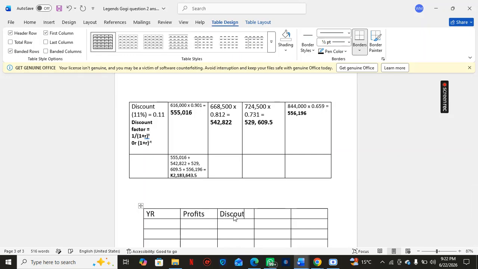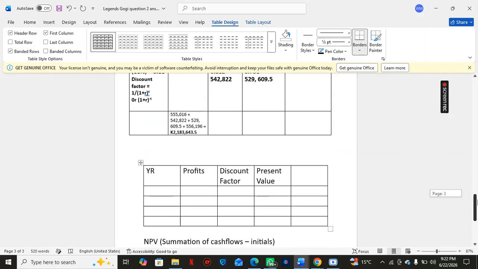Discount factor and then present value. Year 0, year 1, year 2, year 3, year 4.